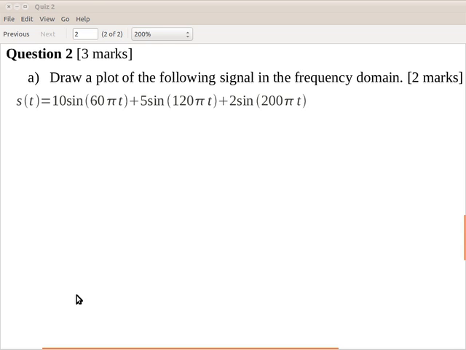We have a signal, some equation for that signal. Draw the plot of the signal in the frequency domain and answer what is its absolute bandwidth. So this is going back to the topic we covered even last week.